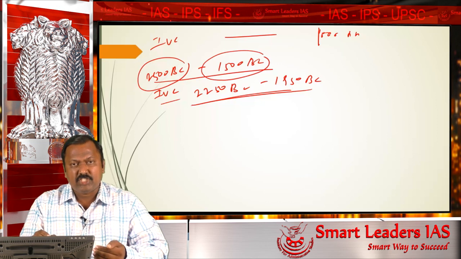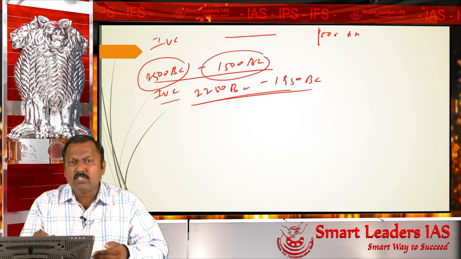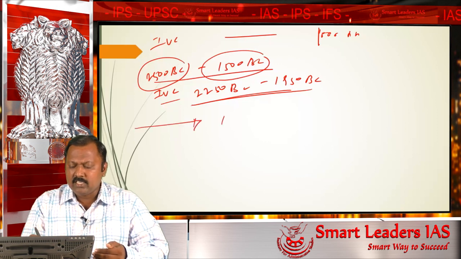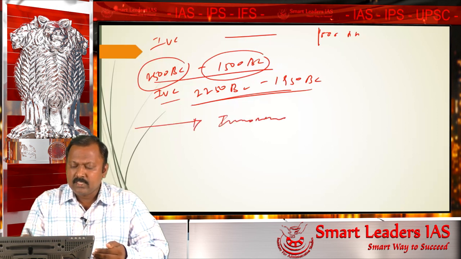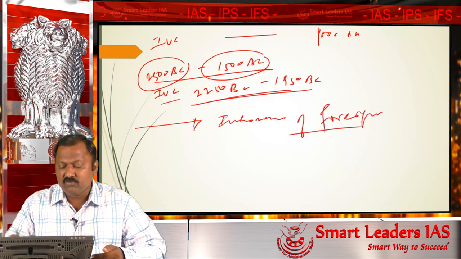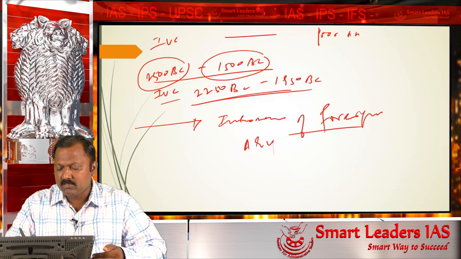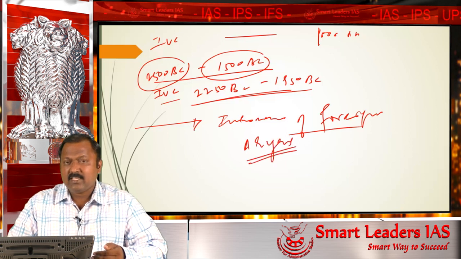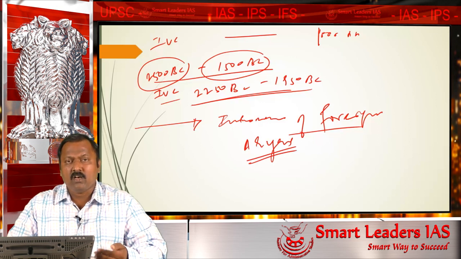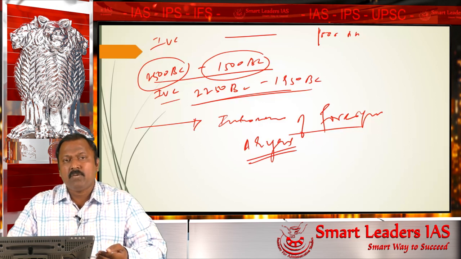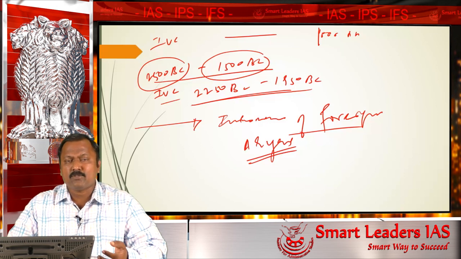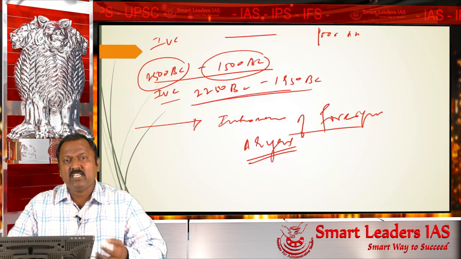When the Indus Valley Civilization had begun to decline, simultaneously in India another event happened, which is the incoming of foreigners. And these foreigners we call Aryans. There has been some confusion among historians whether the Aryans were foreigners or indigenous people, but we will go by the NCERT and the basic textbook which says that Aryans were incoming nomads, incoming foreigners.